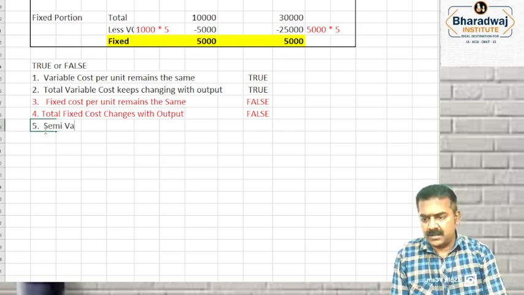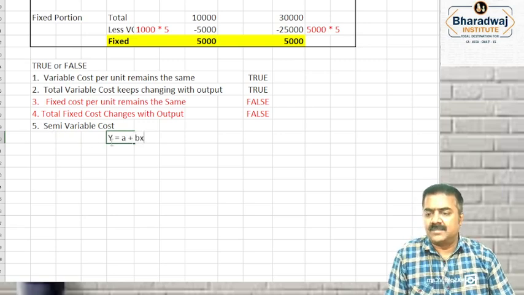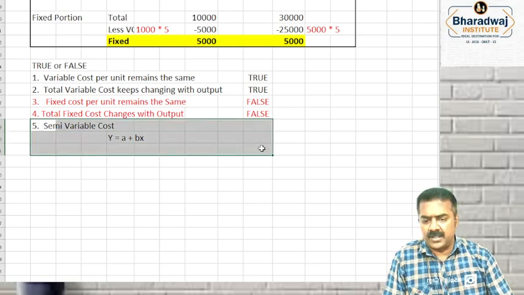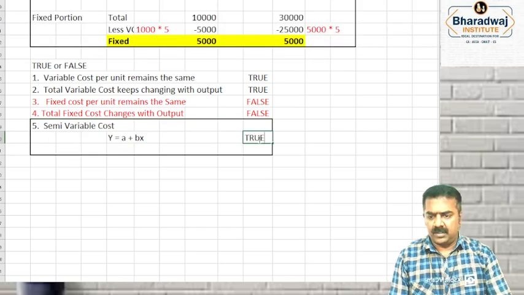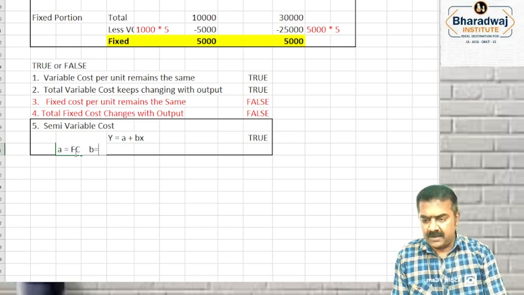Semi-variable cost: y is equal to a plus bx. Have you seen it somewhere? Maths. Can we write like this? Semi-variable cost, can you form an equation like this? True. How true? A is fixed cost, constant. B is variable cost.